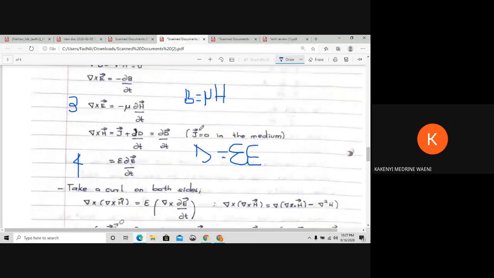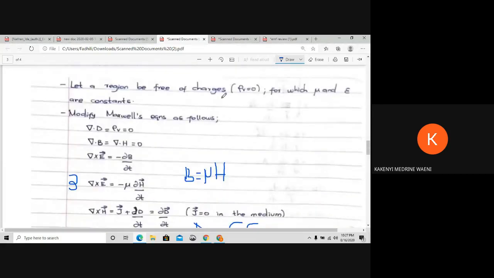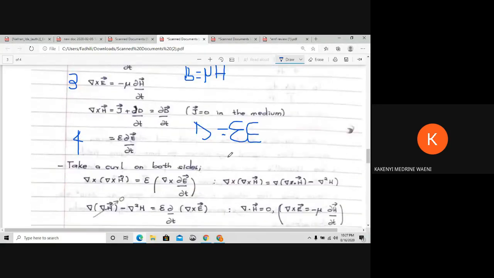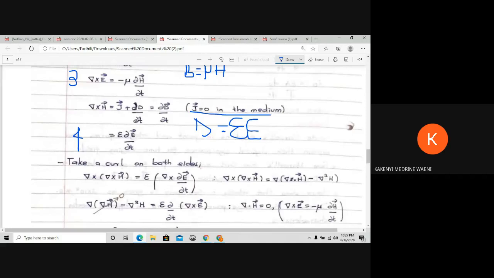Then in free space, in this state, J is equal to 0. So we're only going to deal with the JD, which is the displacement current density.